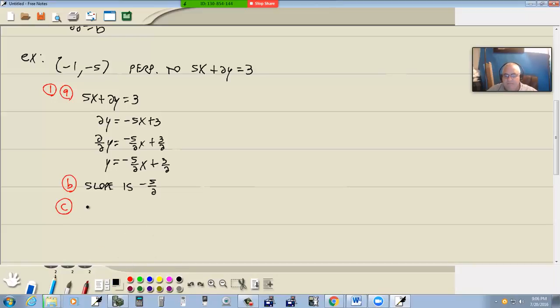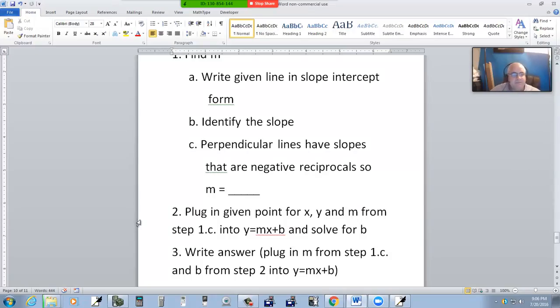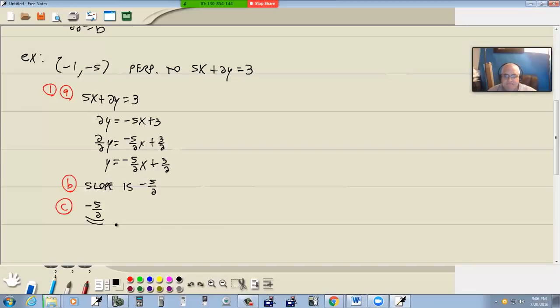Now c. Perpendicular lines have slopes that are negative reciprocals. So what we're going to do is start with the slope from 1b, which is negative 5/2.